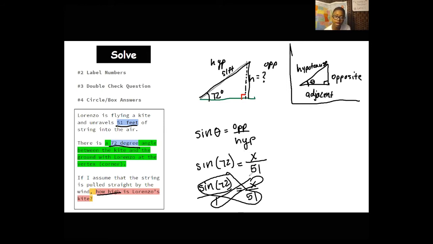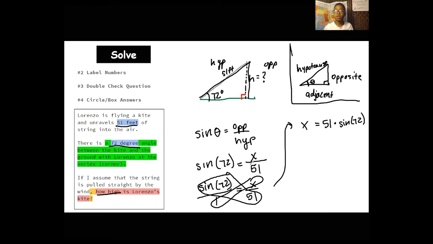So we cross multiply x times 1. What's x times 1? We're going to go up here. x times 1 is x, and sine 72 times 51, we're going to write it again here. Sine of 72 times 51, okay? Now, I wrote it like that because when we do sine of 72, we're going to get a long irrational decimal number.